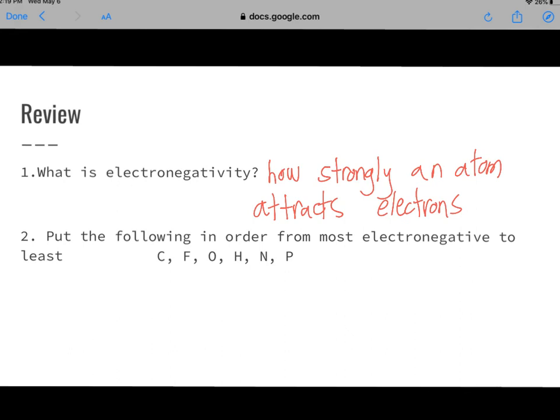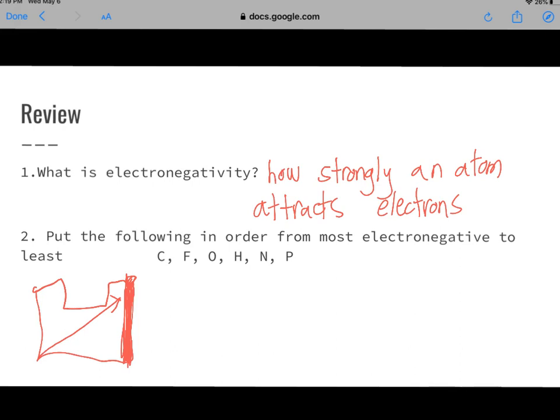If this was a rough periodic table, electronegativity increases in this direction up the periodic table, except the last column, the noble gases, which are not electronegative because they already have all the electrons they need, so that one would have zero electronegativity.